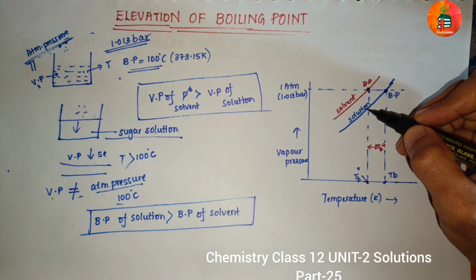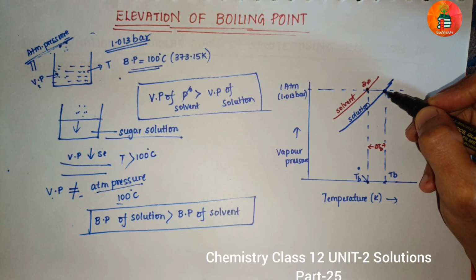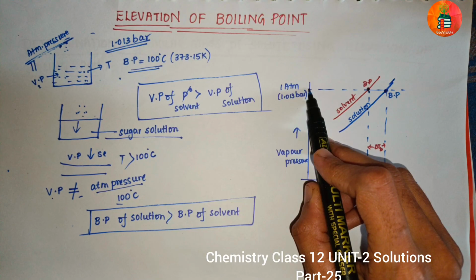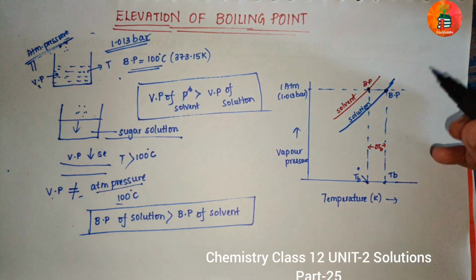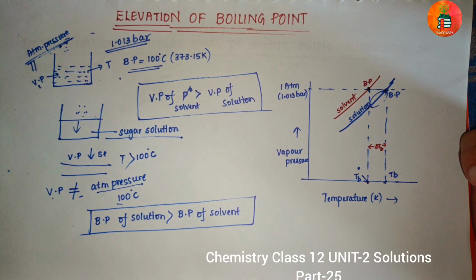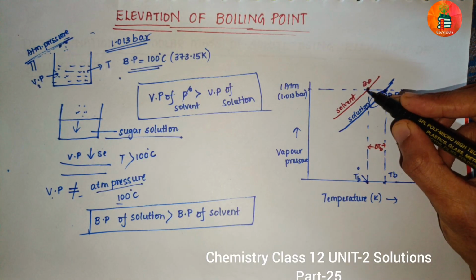The temperature should be further increased so that the solution attains atmospheric pressure. This much extra temperature has to be given for that solution. That tells us that the boiling point of solution is always greater than the boiling point of the solvent.